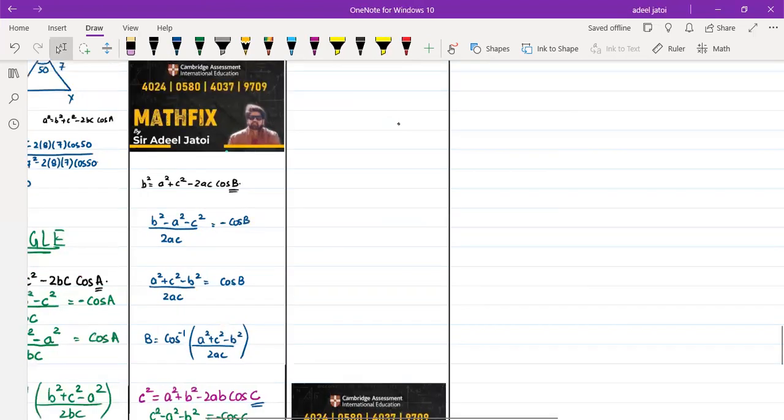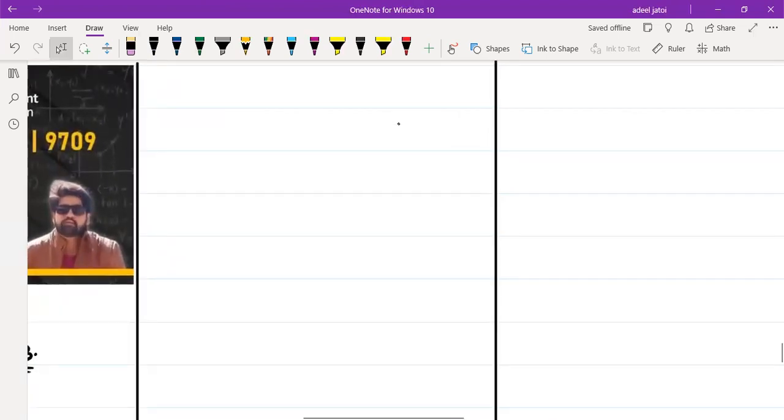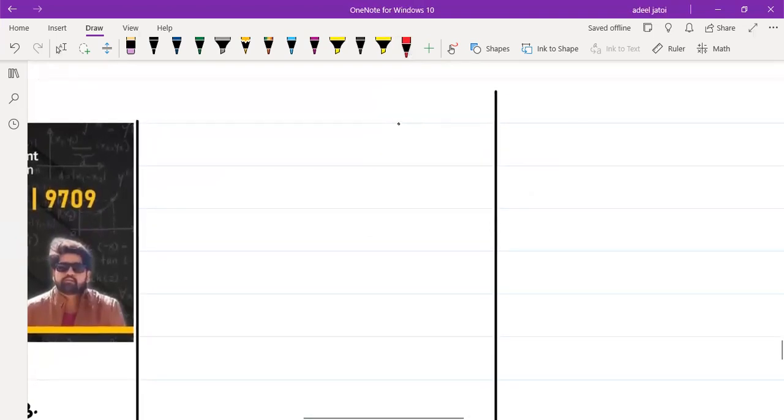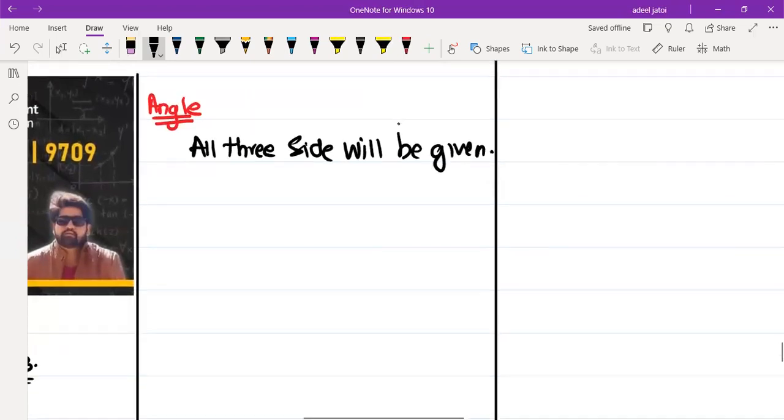Since we will be learning the concept regarding the angle, if an angle is to be found, you need to understand that all three sides will be given.